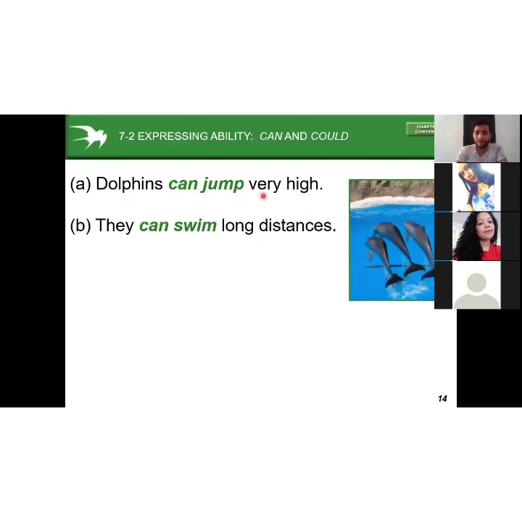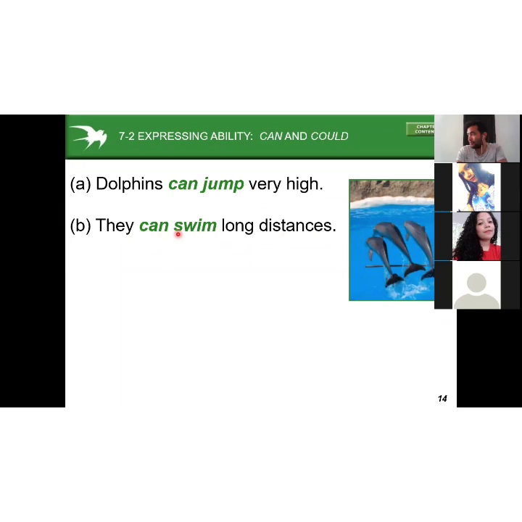Now, we also have another thing. They are animals and they live in the sea, right? So they can swim long distances. This is an ability that they have. Now, can you swim long distances? No, you can't, because we are not living in the sea.